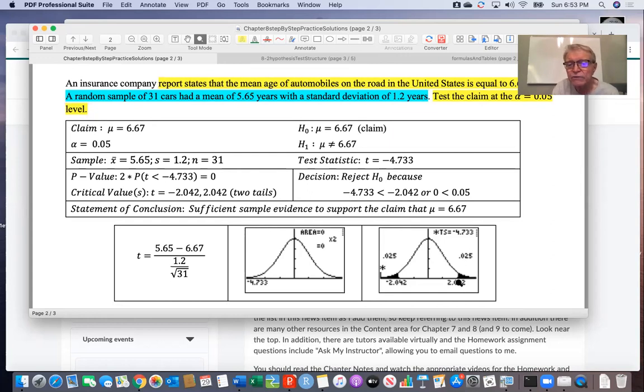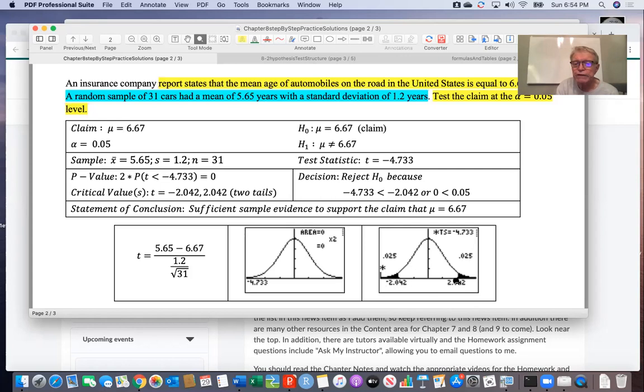And those two critical values are going to split the test statistic values into three regions. On the left, if we find a test statistic that is farther to the left of the left critical value, and/or on the right, if we find a test statistic that is farther to the right of the right critical value, it would be unlikely.